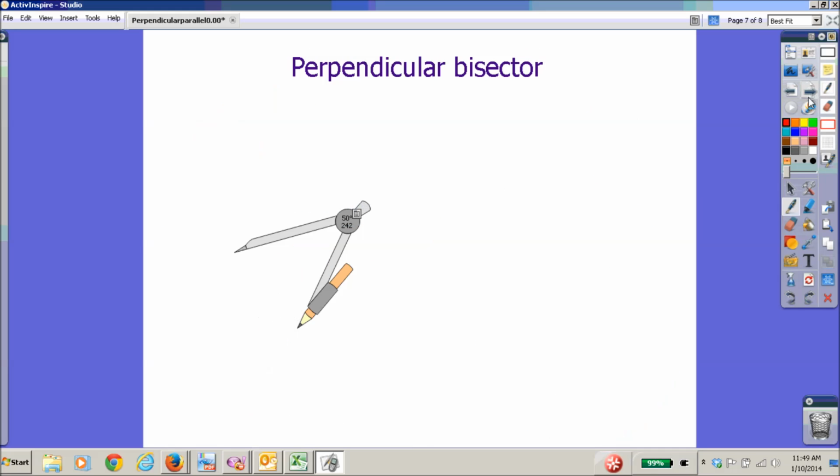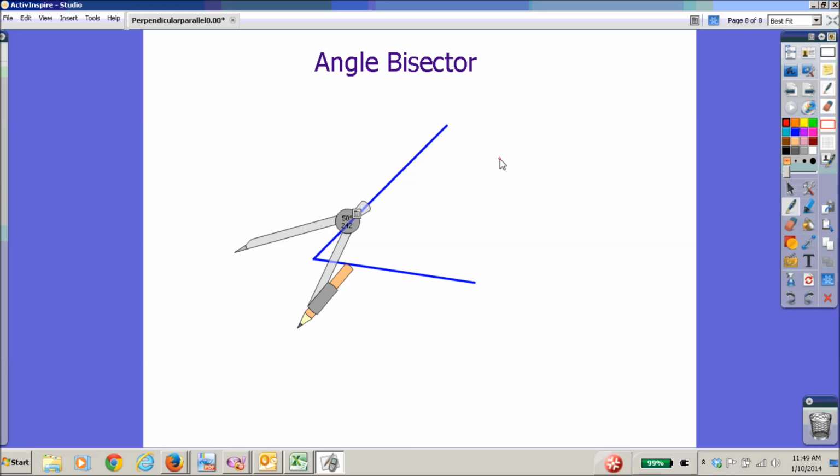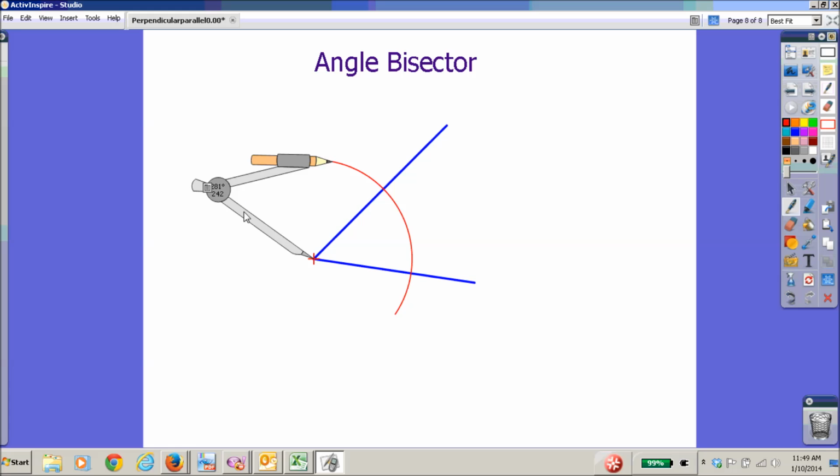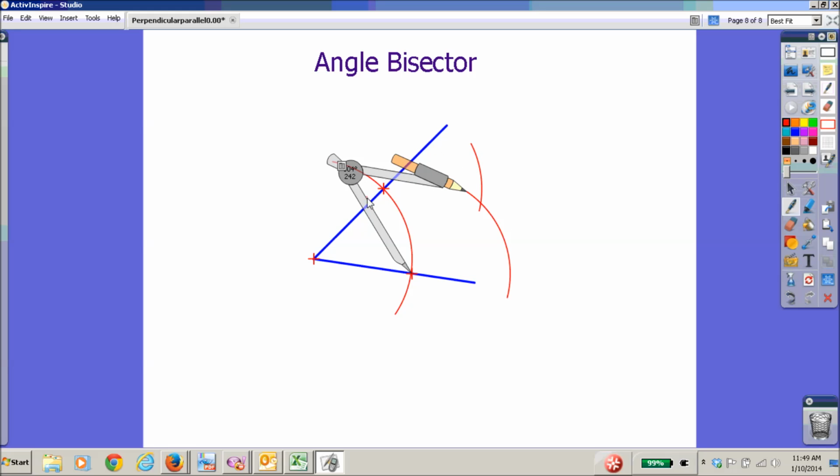So the last thing I need to do is an angle bisector. So here's my angle, and what I'm going to do, I'm just going to arc the angle one time. Okay, so let's arc one big arc. Then I am going to put my compass at the points of intersection, and I go voila, voila, voila, voila.